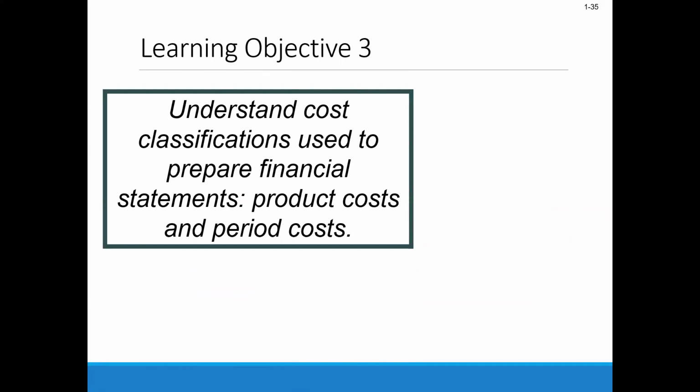Now, let's look at how we utilize these classifications to prepare financial statements. Are they a product cost, part of direct labor, direct materials, and manufacturing overhead? Are they a period cost, which means they're put into the income statement when they incur, like selling and administrative expenses?